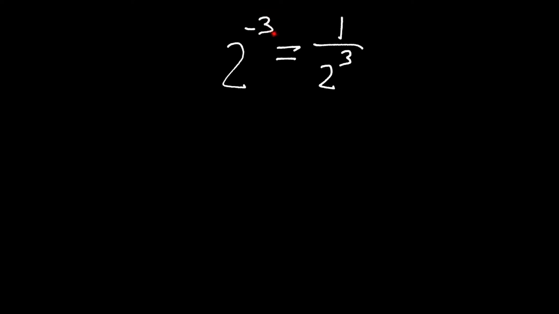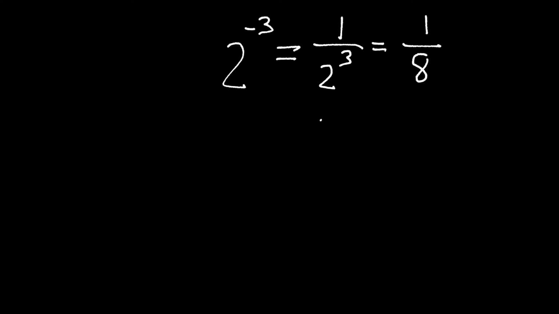That negative exponent tells us that whatever it is attached to is in the denominator. So 2 to the negative 3rd is really 1 over 2 to the 3rd power. And when I evaluate that, 2 times 2 times 2, well, that's 8. So this is the same thing as 1/8.